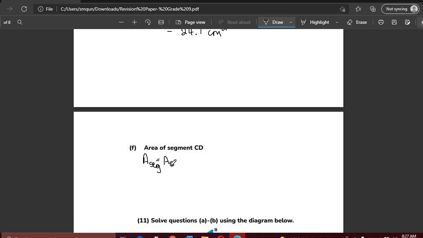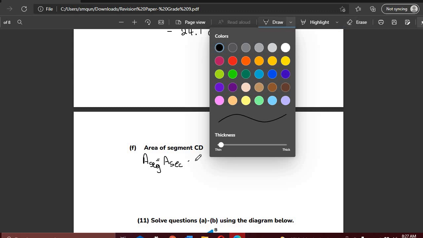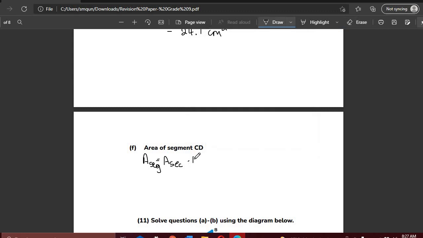The area of the sector minus the area of the triangle. Okay, so that is how you find the segment. You find the segment by subtracting the area of the sector from the area of the triangle. Sorry, it's the other way around, but you get what I'm trying to say.